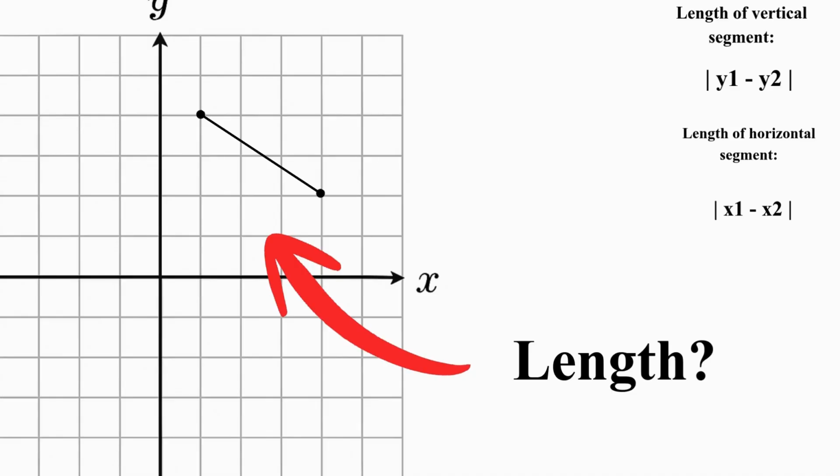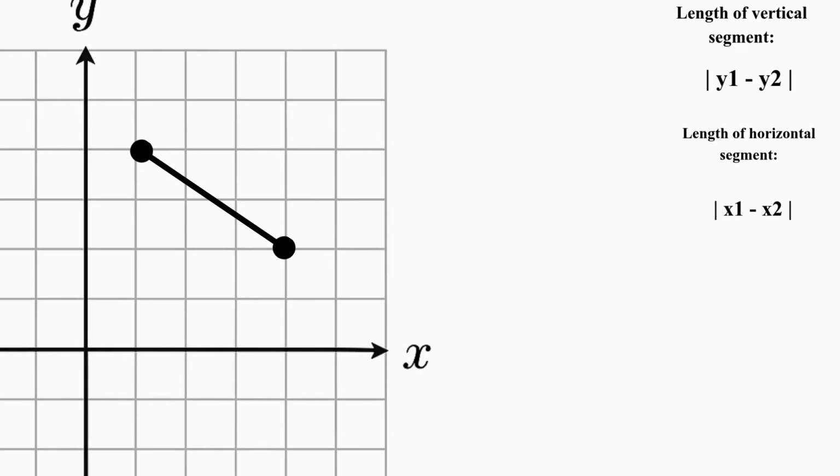But notice a really cool thing here. If I zoom in, we can see that we can form a right-angled triangle with the endpoints of this segment. And this is going to be true for any diagonal line segment. We can always make a right triangle out of these.